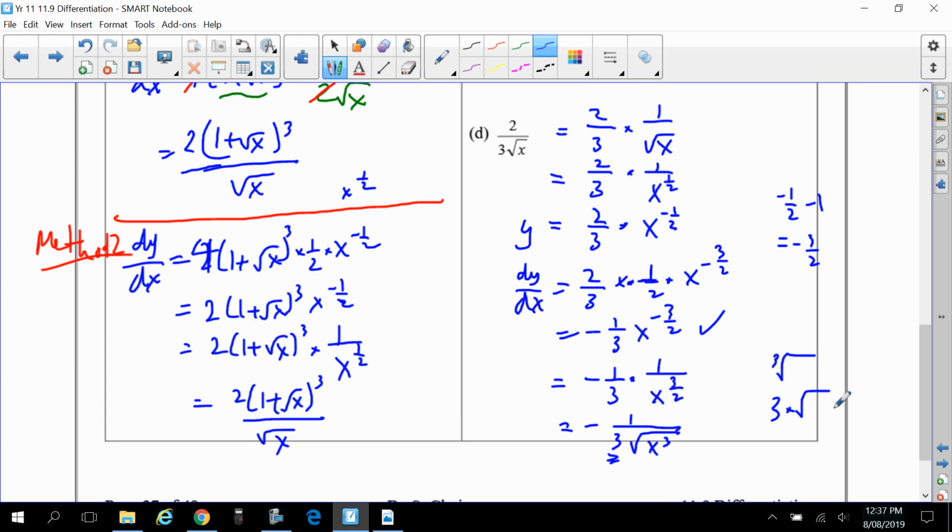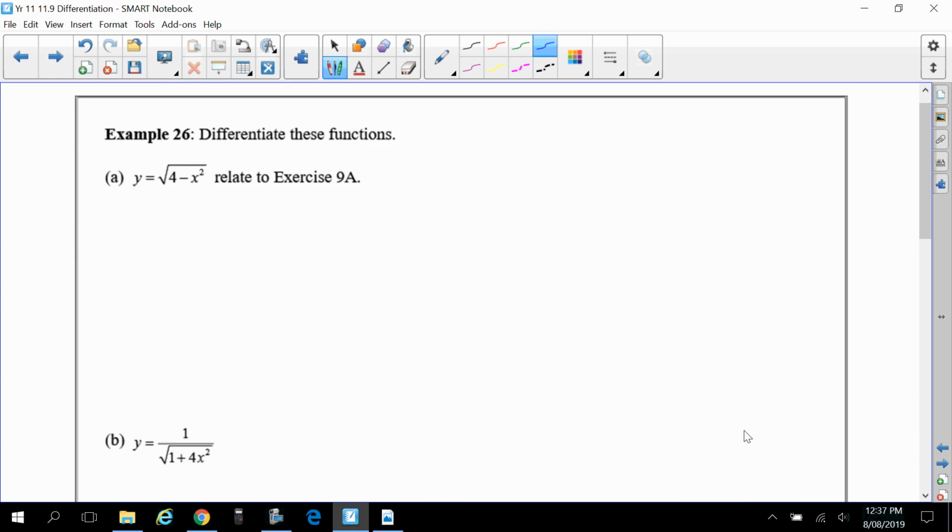Because some of the formulas we can now relate back to exercise 9a, where we find the gradient of the tangent to a semicircle. We can now do it with chain rule. Right, let's move on. Okay, so relate back to 9a. So remember, this is a semicircle. So semicircle like this.